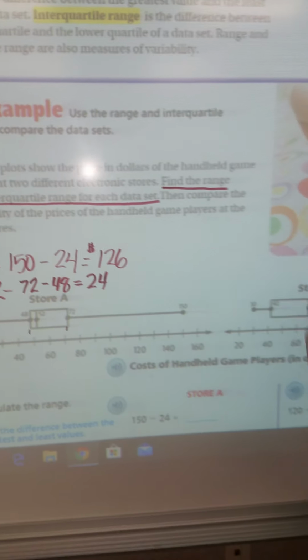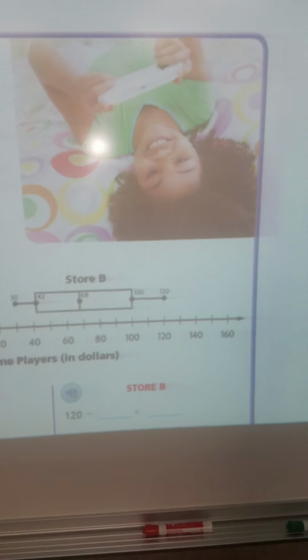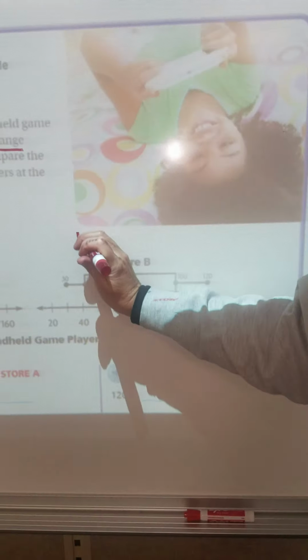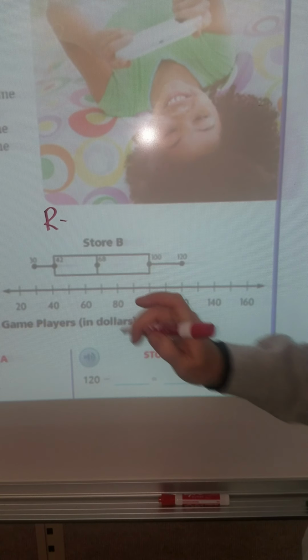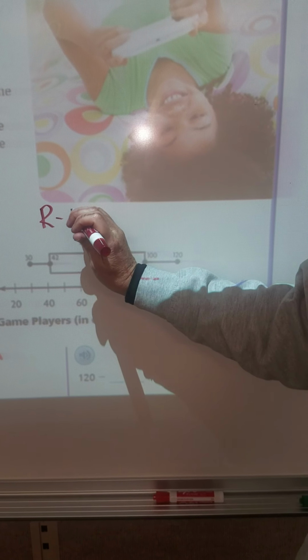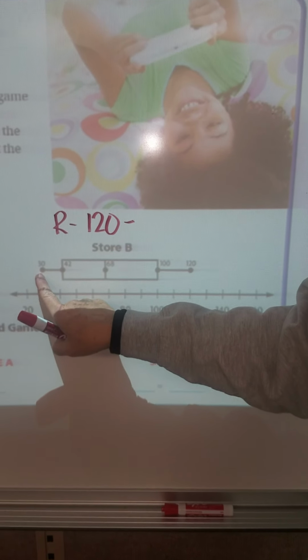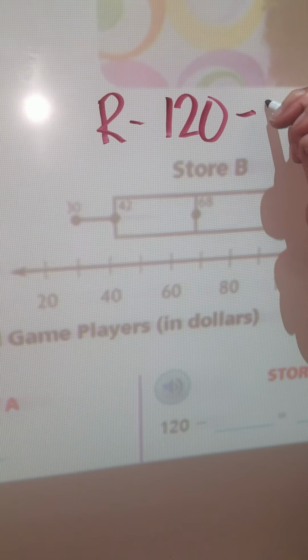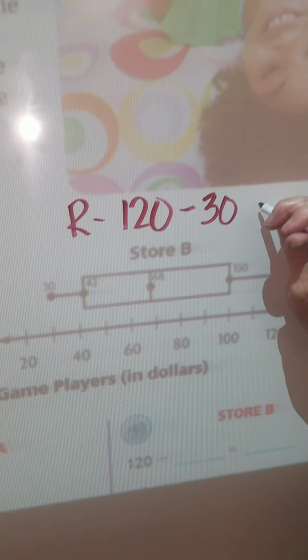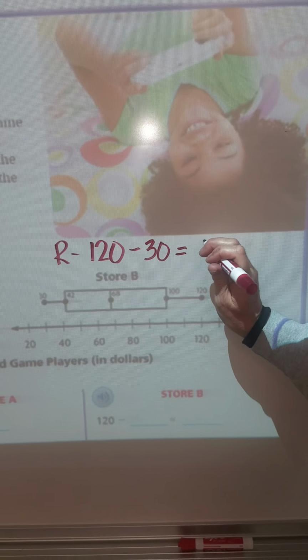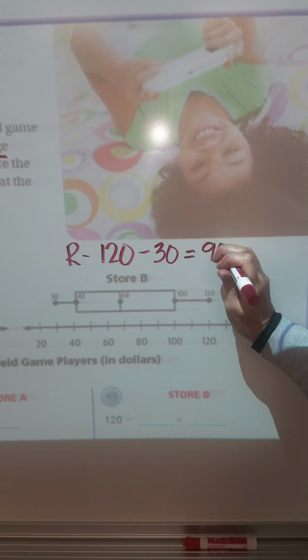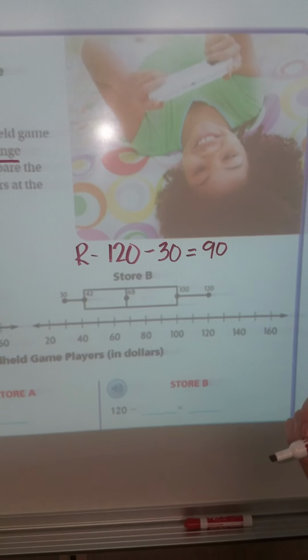All right, let's look at store B. Finding the range for store B, take our highest value, which is 120, subtract our lowest value, which is 30. 120 minus 30 is 90. Still kind of a lot.